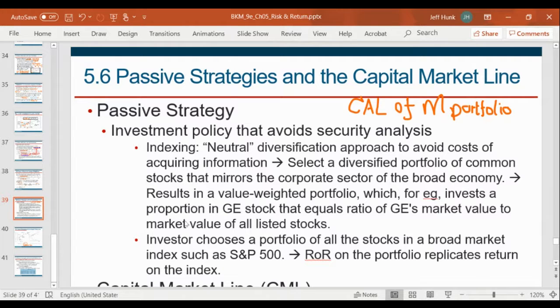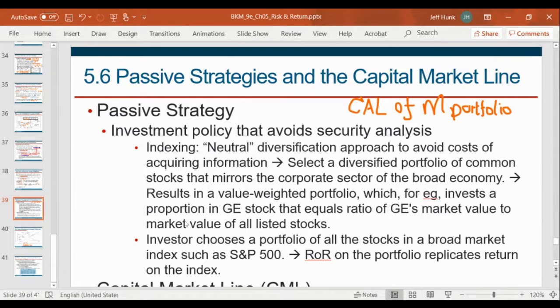This is not a very ambitious strategy, but considering the time and effort, if you cannot fully devote your time, energy and efforts to security analysis, then indexing, or just allocating your assets according to the CML, which is a passive strategy, is not a bad idea.